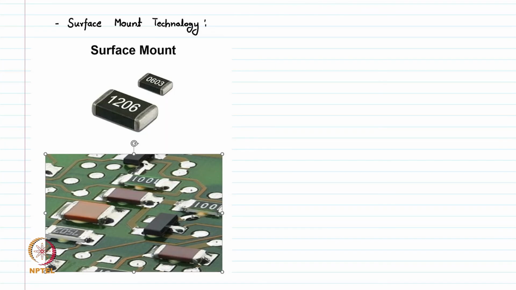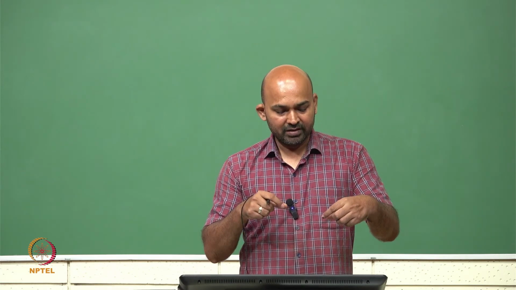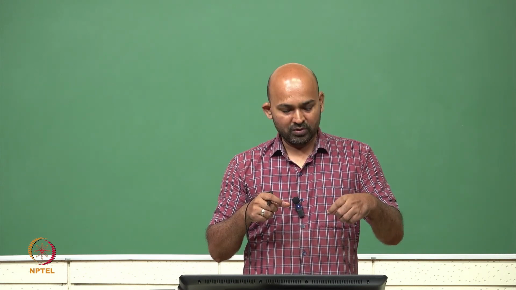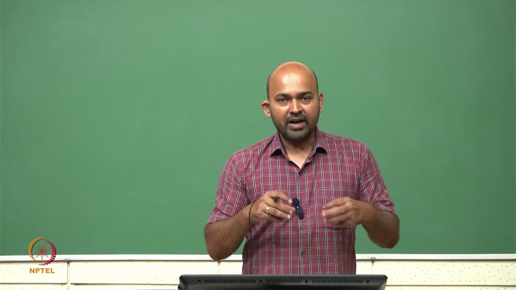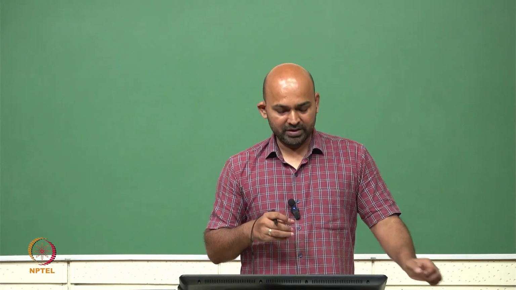And when we put it on the PCB, it looks like this. This is the PCB, and we need not drill a hole in the PCB, we just need to put two metallic pads on the PCB where we put this surface mount resistor, and then we heat it up so that it is connected to the PCB.